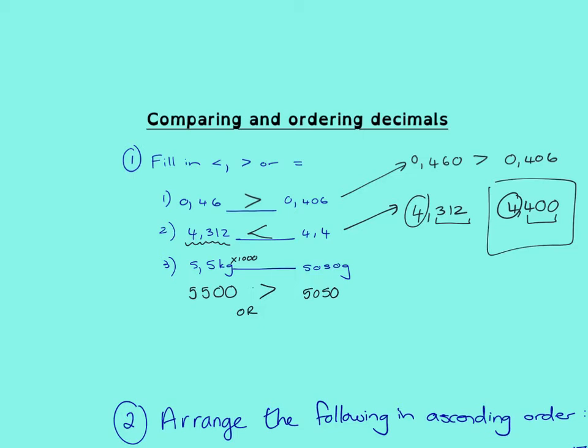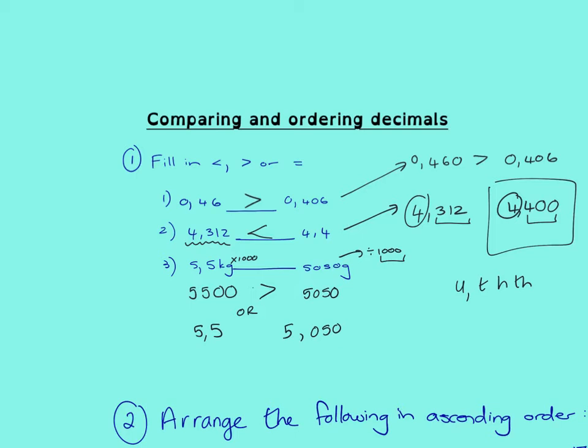Or what you could have done is kept the 5.5 and compared it by dividing by 1,000. When you divide by 1,000, you are going to get a smaller number. Here's our decimal, and we know we've got to get to the thousandths. So units, tenth, hundredth, thousandth. So 3 numbers after the decimal. The other one has to sit before it.